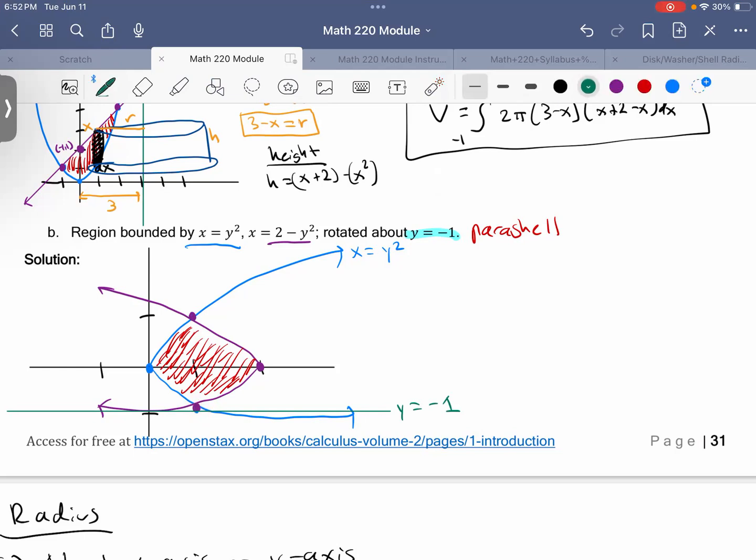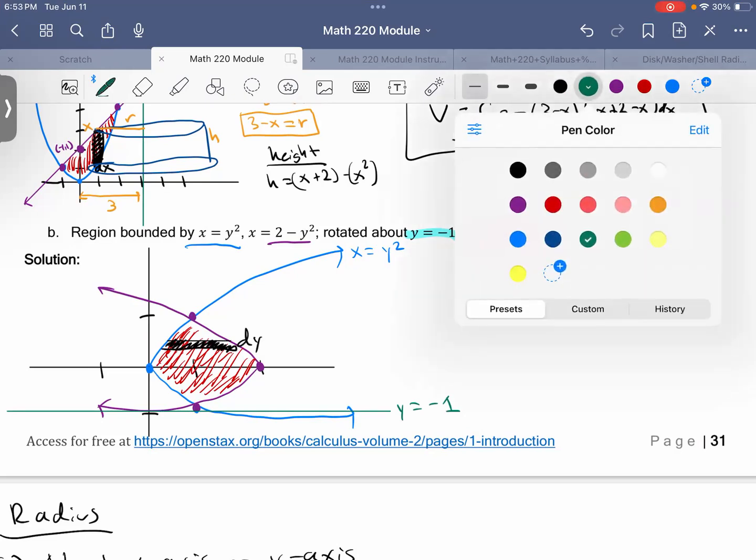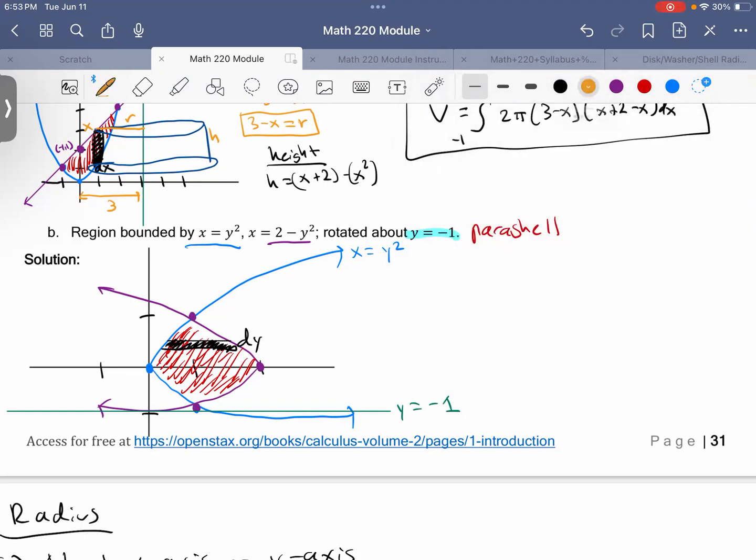Since we're doing shell, we need to draw a representative rectangle parallel to the axis. So that would be dy. Let's draw the shell. Pretty easy to draw.